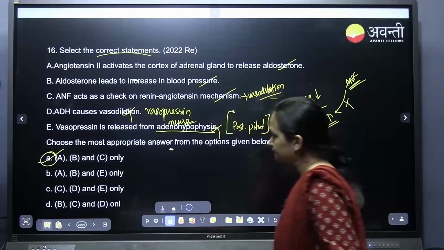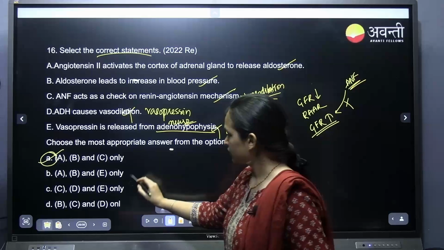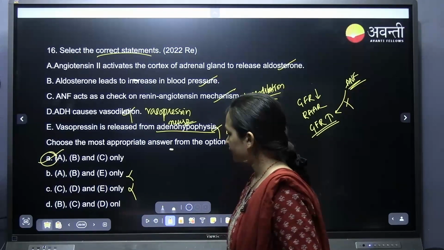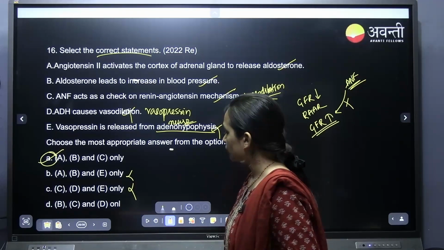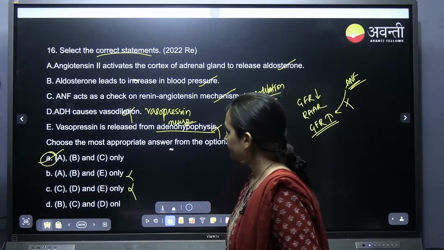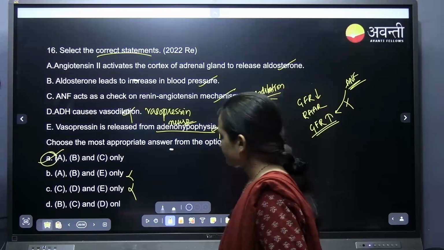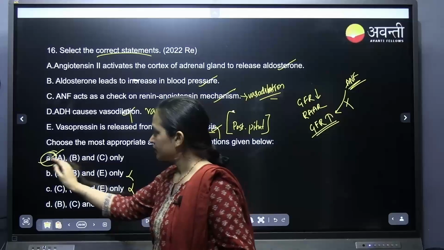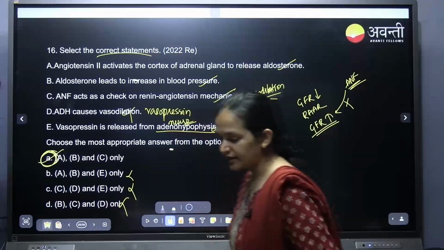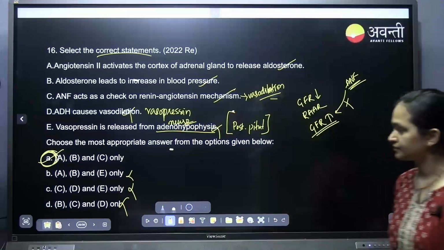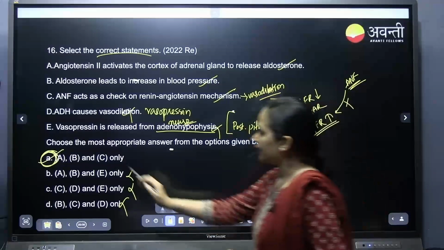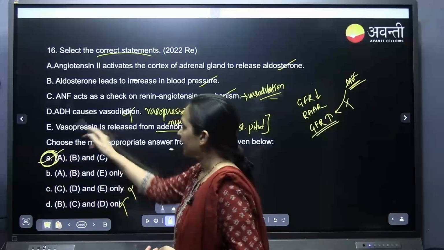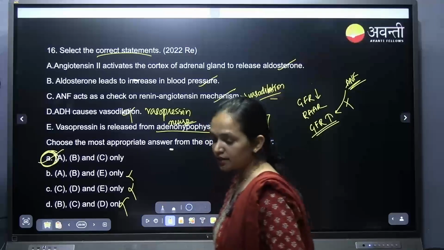Could elimination have been possible? If you know E is wrong, then this could have, you need to know both wrong. Anyway, with our knowledge we could say that A is correct, which means A, B, C are the correct statements and D and E are wrong statements.